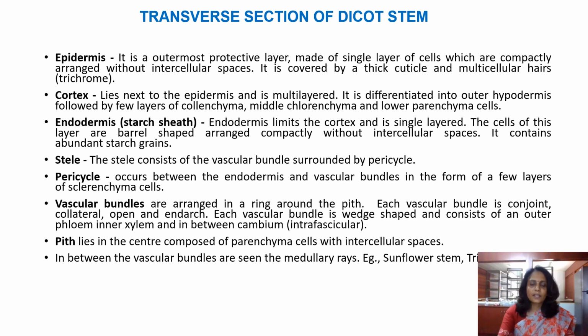The xylem is endarch, with protoxylem facing towards the pith and metaxylem towards the periphery. Between the xylem and phloem is seen the presence of cambium, which is the intrafascicular cambium. The pith lies in the center, made up of compactly arranged parenchyma cells. In between the vascular bundles are seen the medullary rays.